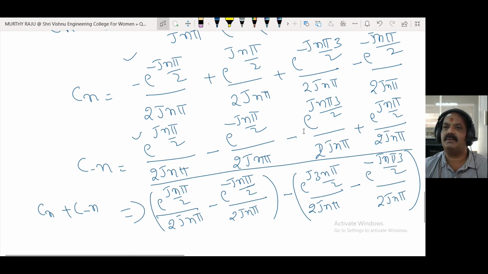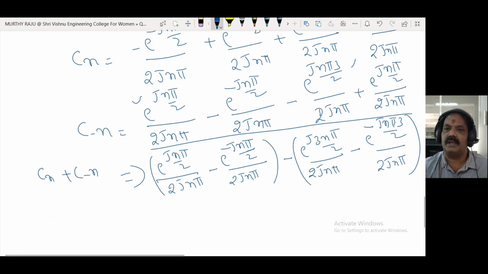Here minus into minus plus, that is the reason minus sign here. Here j n pi by 2, these two are completed. E power j n pi by 2 by 2j n pi, e power j n pi by 2 by 2j n pi, that is two times occur. 2 into e power j n pi by 2 by 2j n pi.